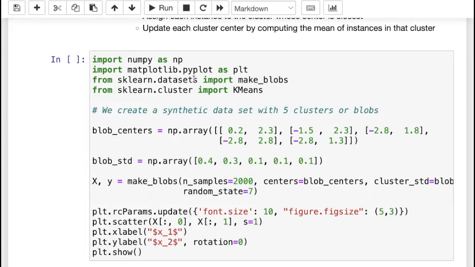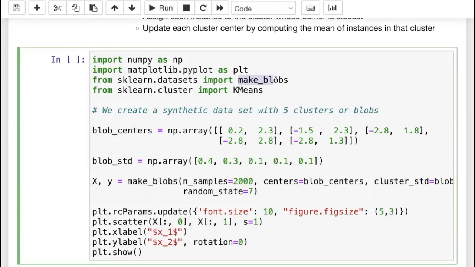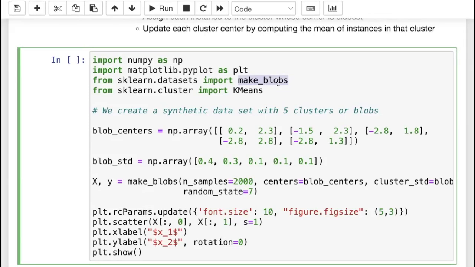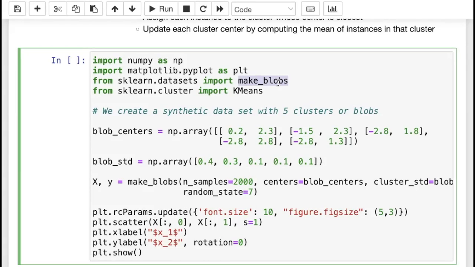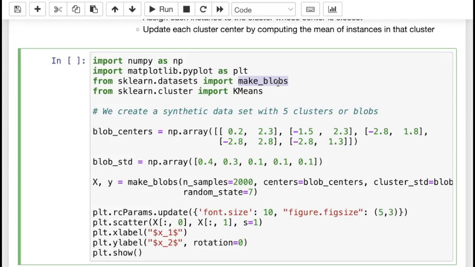We're going to use synthetic, artificially generated data here, using scikit-learn's datasets make_blobs. As the name suggests, make_blobs allows us to create synthetic datasets that look like blobs or clusters, where we decide where the centers are, how separated from each other they are, and also the density of data points, etc. It gives us a nice way of creating synthetic datasets, and this is really nice to understand the basics of clustering techniques.